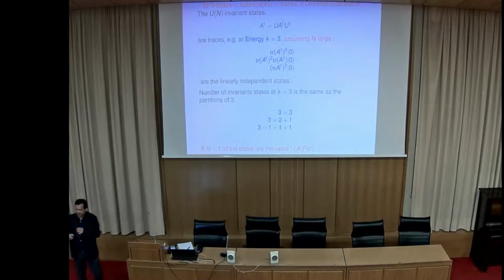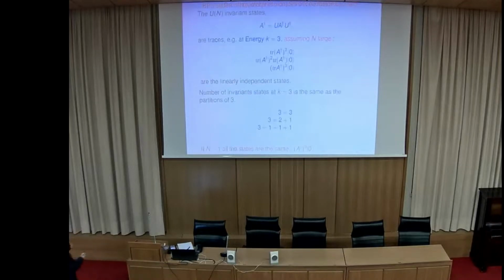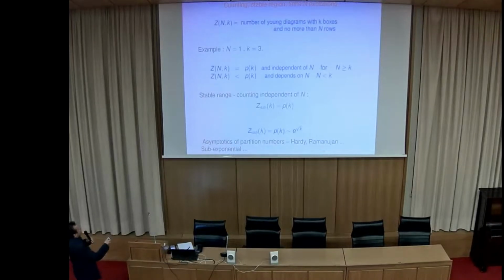So there's a generic counting that holds when the matrix size is large enough, as long as the matrix is bigger than 3, this is the counting. But when the matrix size is smaller than the energy you're thinking about, there are important qualitative changes. So basically, here we are.